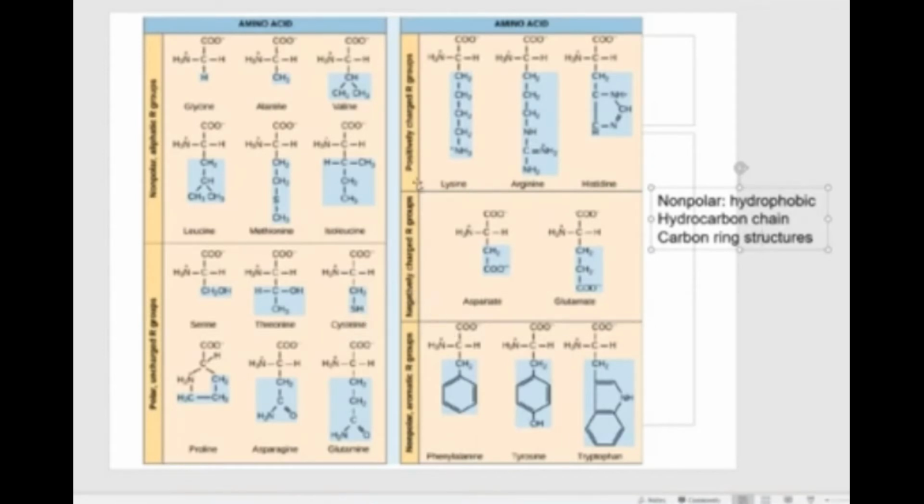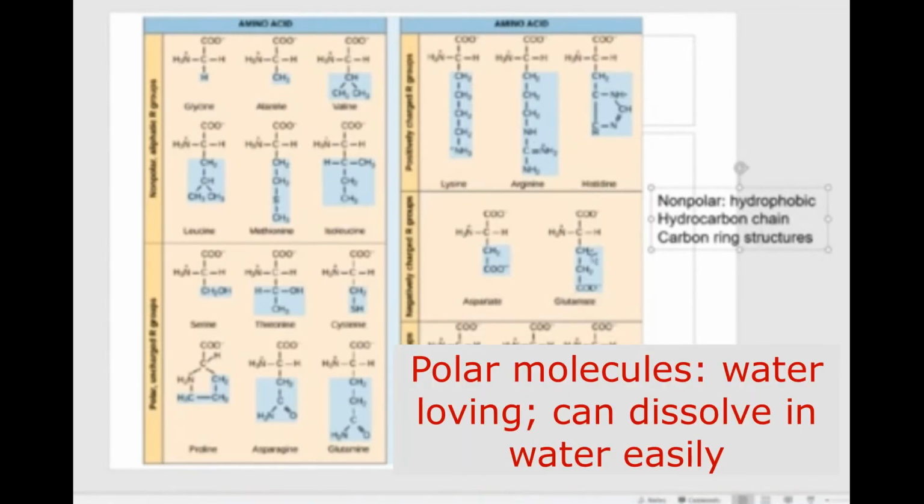And when you look at these two groups, now they're positively charged or negatively charged, so they are definitely polar. Right? So now the question is what kind of charge they carry. So these are positive, you can see the positive end, and then these are negative. So basically they have an extra carboxyl group to carry that extra negative charge. Okay? So these are definitely polar.